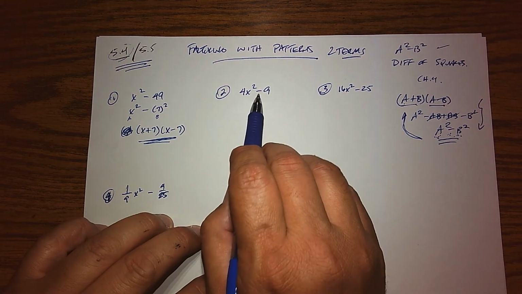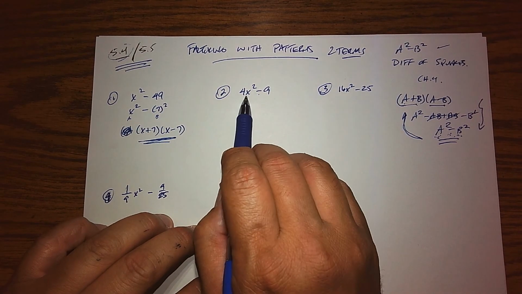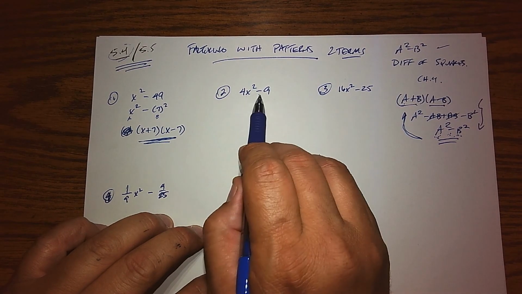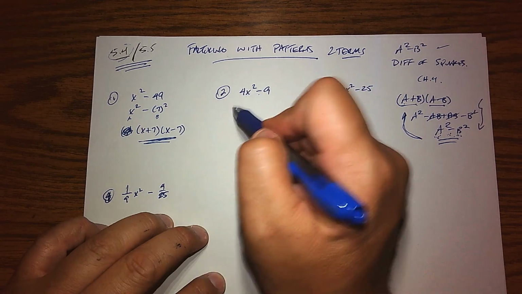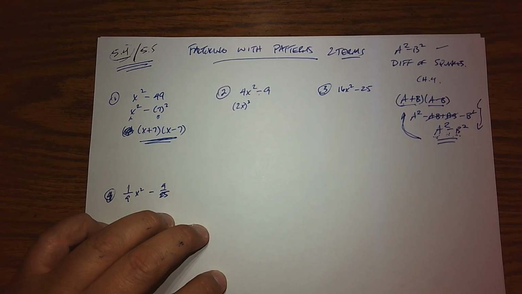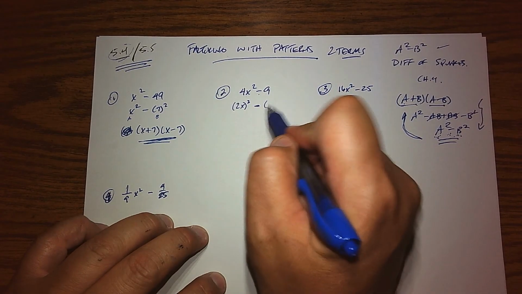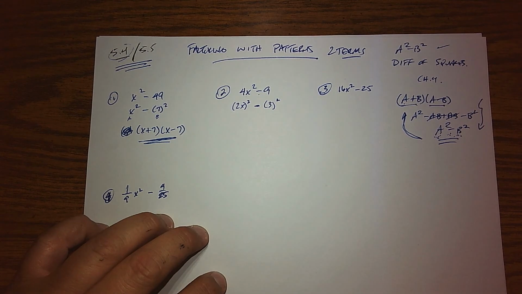So the next one, I do have a difference. I do have a square. So can I write these 2 things as something squared? What are the bases, basically? So right here, the base is actually 2x. So 2x squared results in 4x squared. Minus, well, 3, we know that to be 3 squared.